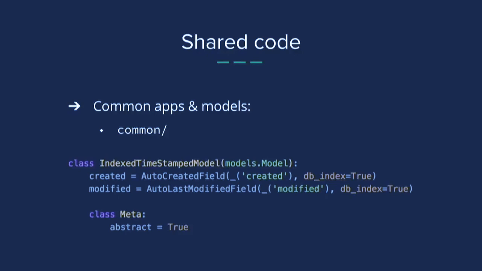We can have some utility code, like an index timestamp model, which will log your instances to know when they were created or modified. And this is something that is generic. It doesn't depend on the project. This is something we always do. We always want our models to have.